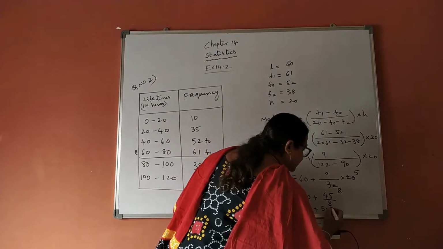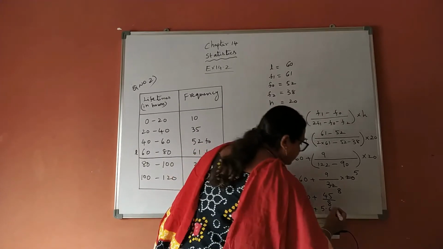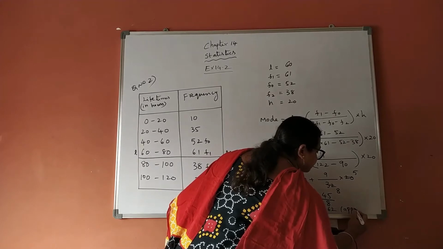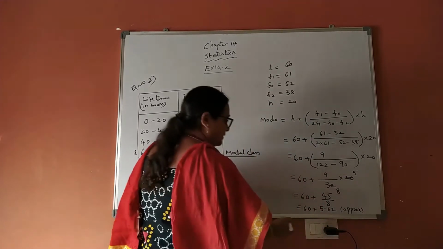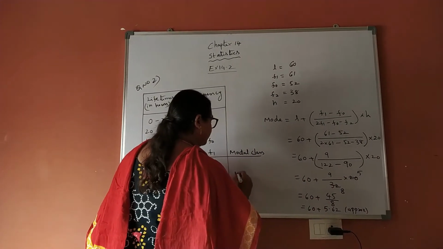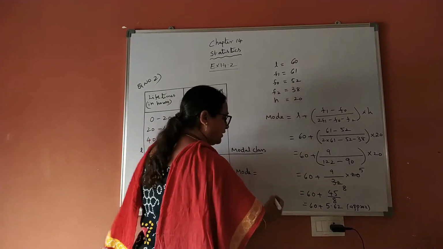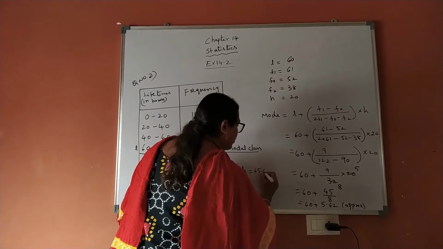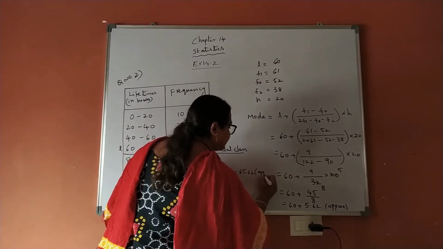So in 50, 6 times; in 20, 2 times. So approx. So mode is equal to 60 plus 5.62, that is 65.62 approx.